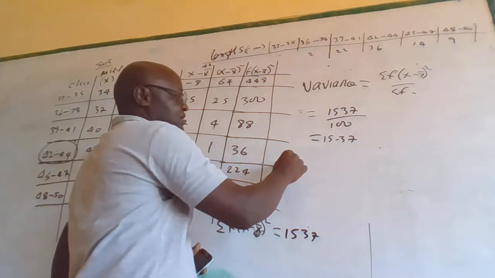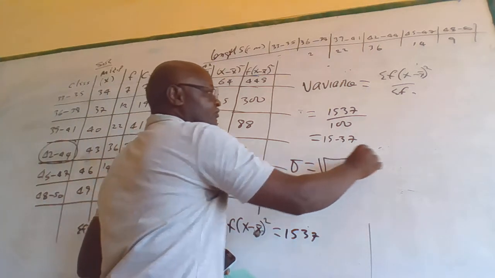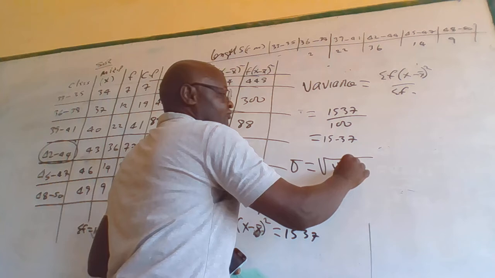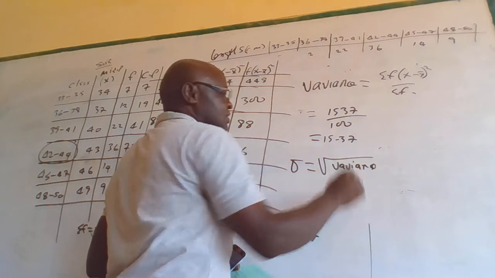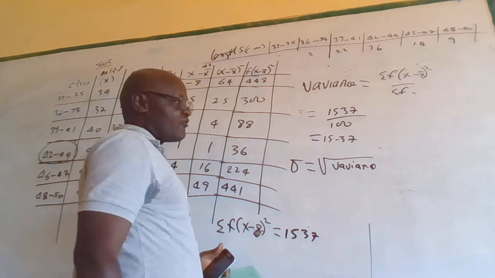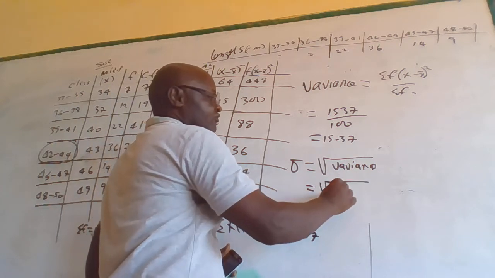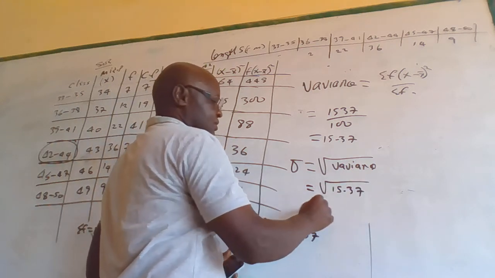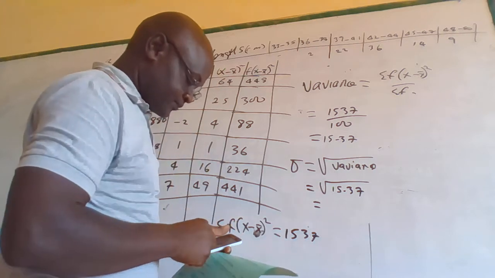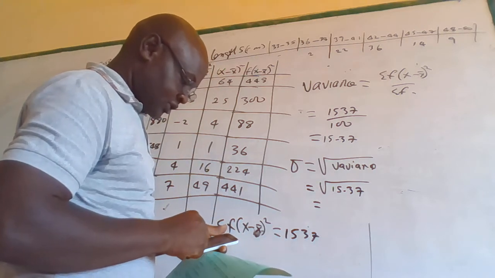Then standard deviation is equal to the square root of what? Variance. Standard deviation is equal to the square root of variance. Therefore equals the square root of 15.37.